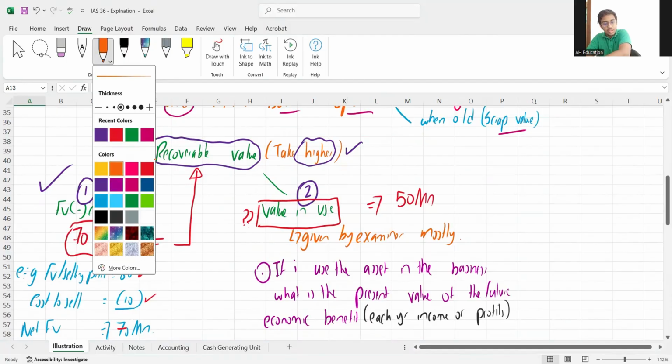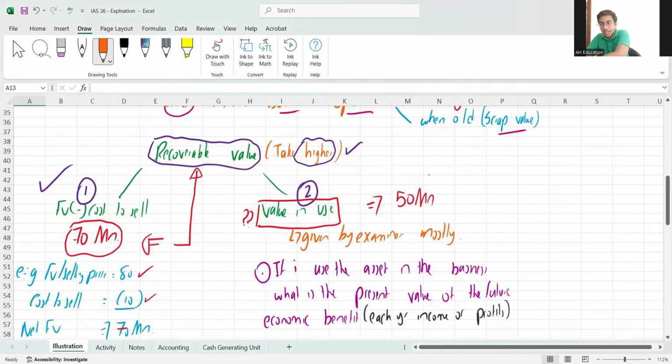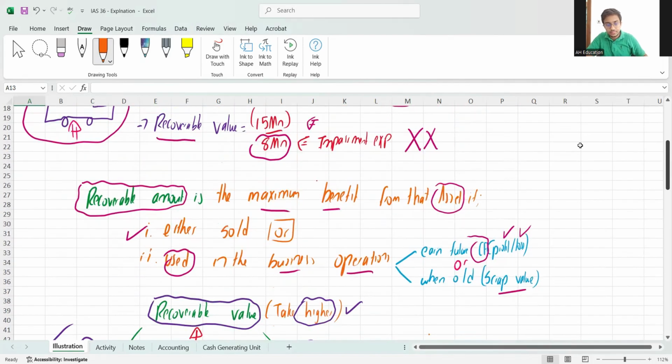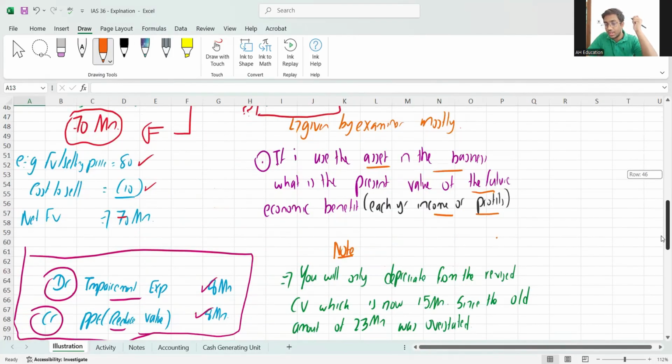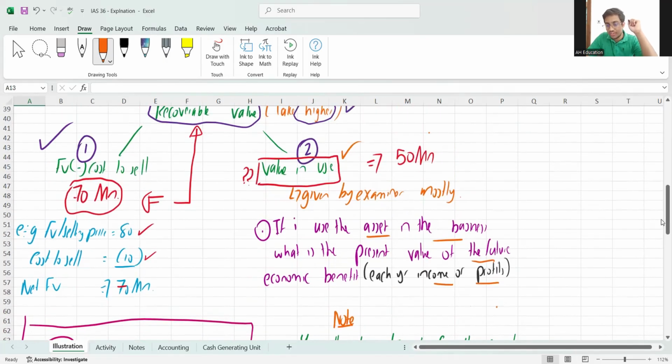What I mean by value in use is, I am using that asset in my business to generate future incomes or profits. This part. If that asset is used in your business operations to produce future profits or losses, that is known as your value in use.